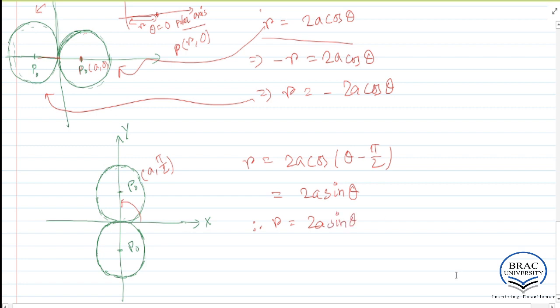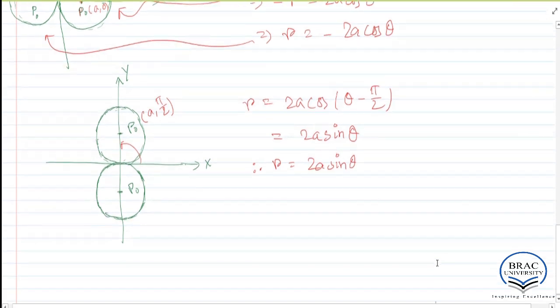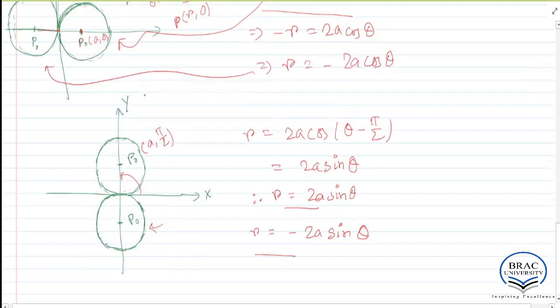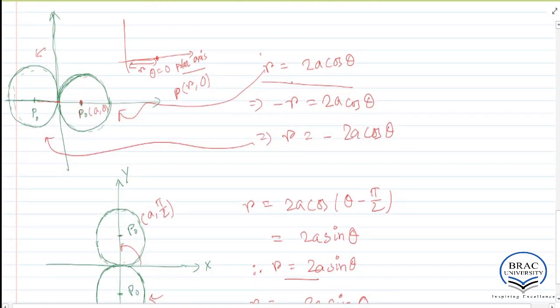And for the case when the circle is on the negative y-axis, the equation of the circle is r equals minus twice a sine of theta. So these are our two equations for the case when the circle is on the y-axis, and these are our equations, as we have written above, for when the circle is on the x-axis.